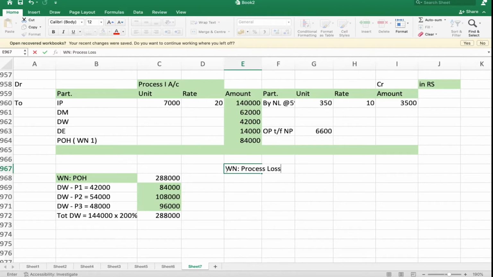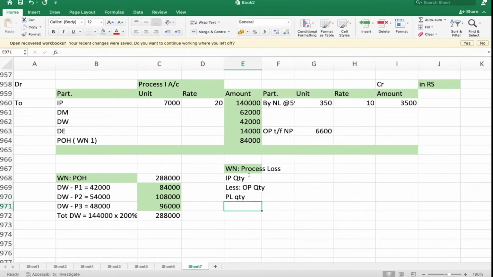The formula for process loss is input quantity minus output quantity is equal to process loss quantity.